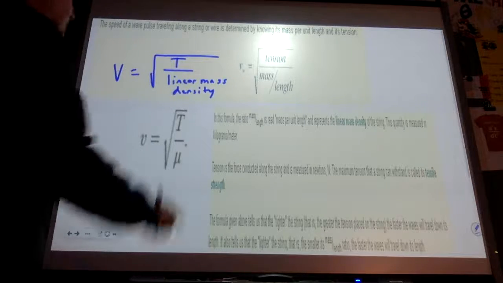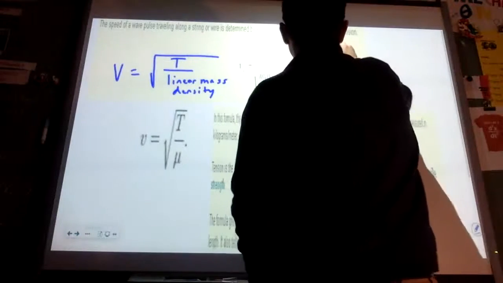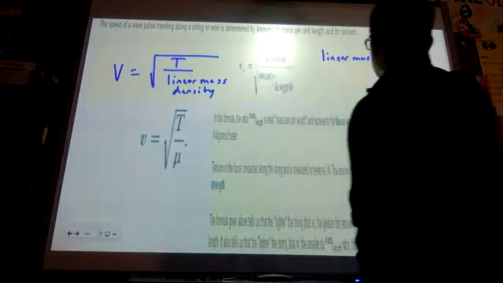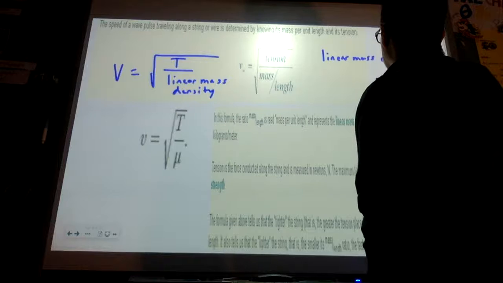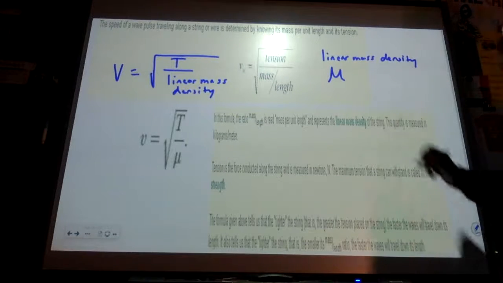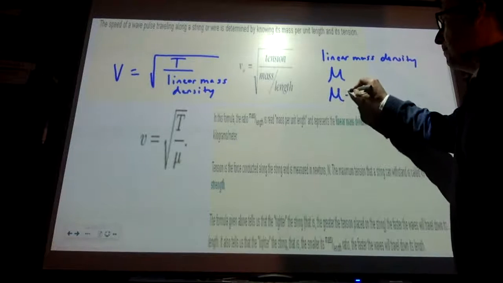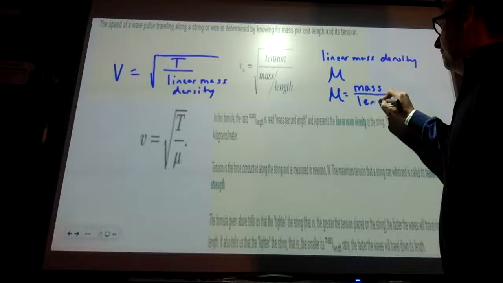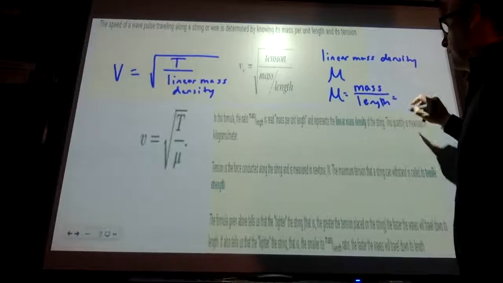So in this case, the linear mass density is designated by mu, and mu is equal to the mass per unit length.